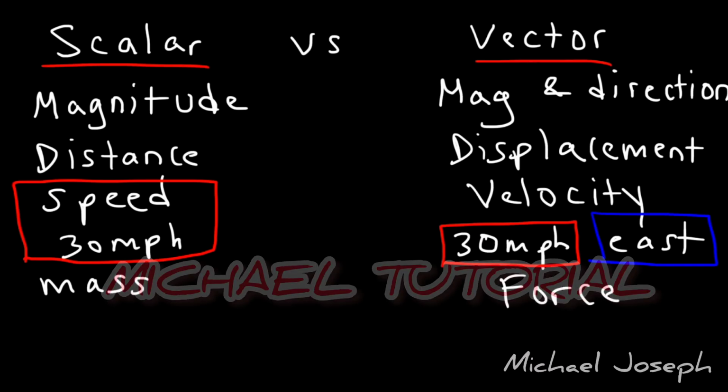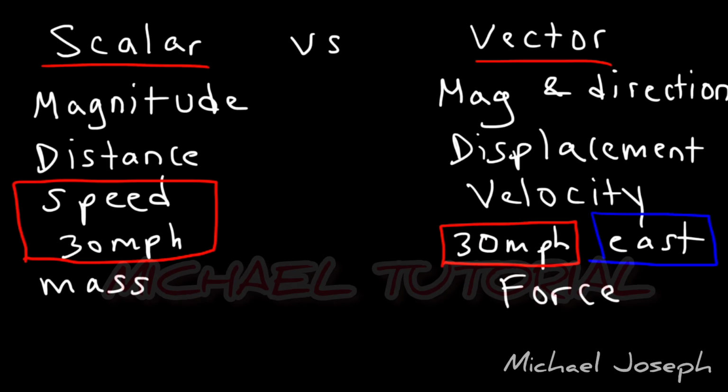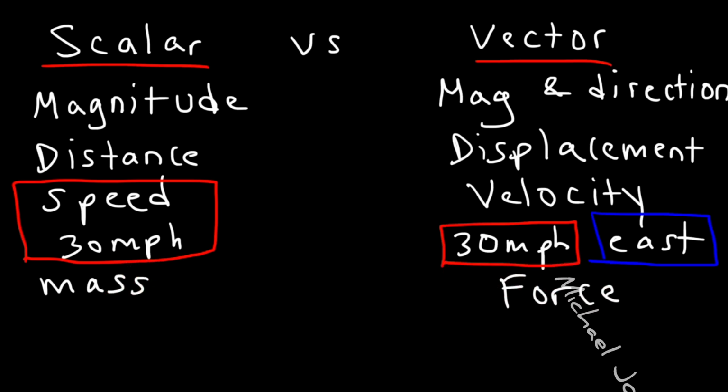How about temperature? Is temperature a scalar quantity or is it a vector quantity? So can you have a temperature of, let's say, 90 degrees Fahrenheit east or 100 degrees Celsius west? Direction is not part of temperature. There's no association.